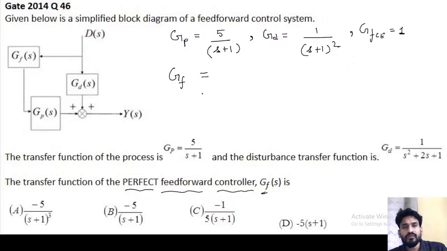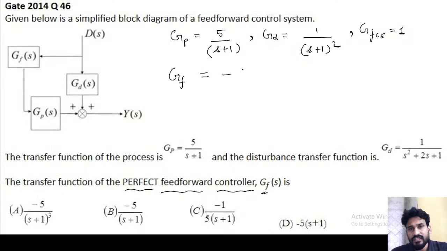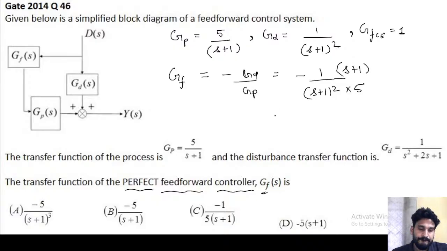So how to find out the controller transfer function? This is my controller transfer function, that is equal to minus GD divided by GP. Minus GD, that is 1 divided by S plus 1 whole square, and divided by GP. GP is equal to 5 divided by S plus 1.